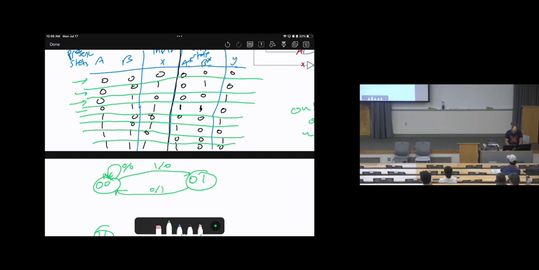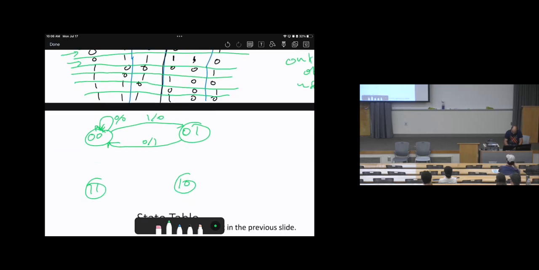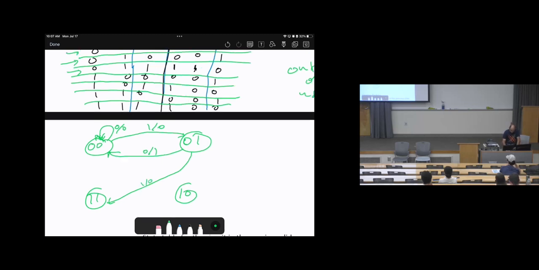And if the input is 1, we will go to 11, and the output is 0. Let me write it here. Okay? Then let's go here.